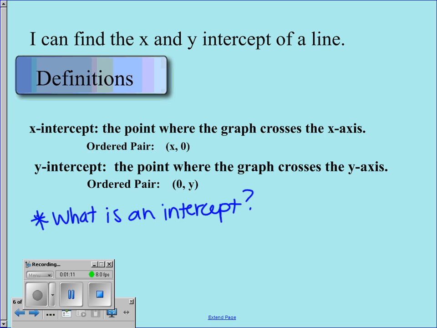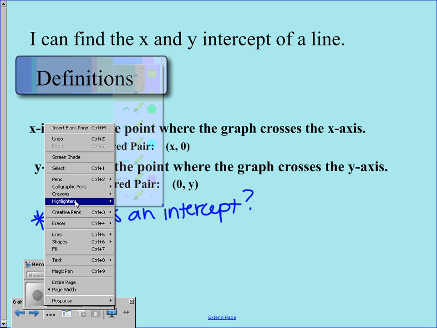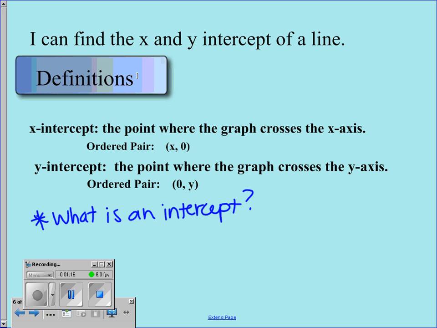If we look to the definition of both, x-intercept is the point, and y-intercept is a point. So we know that the intercept is a point. More descriptively, we want to figure out what we know about this point.